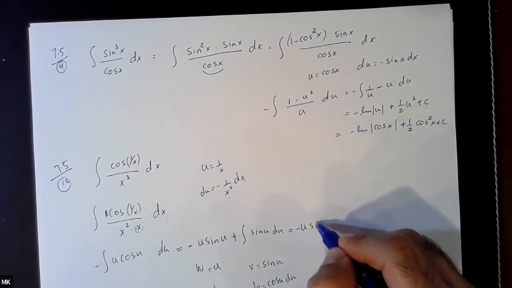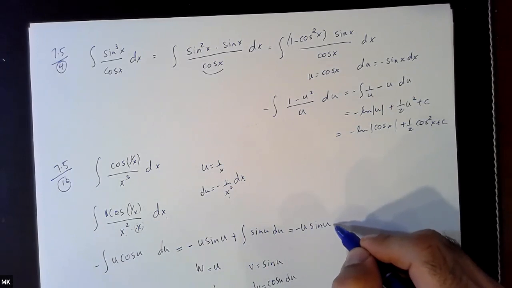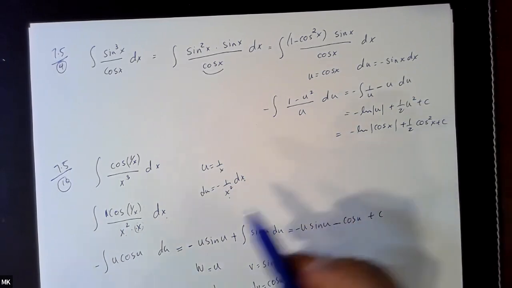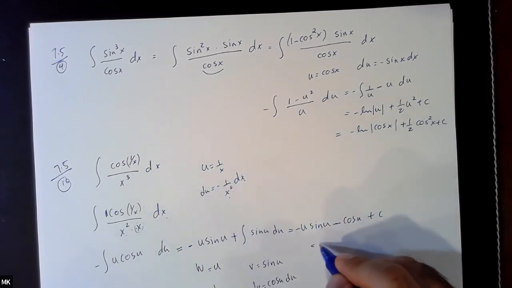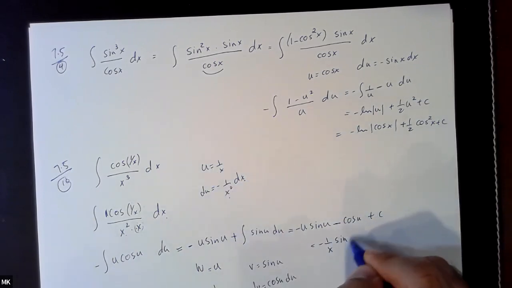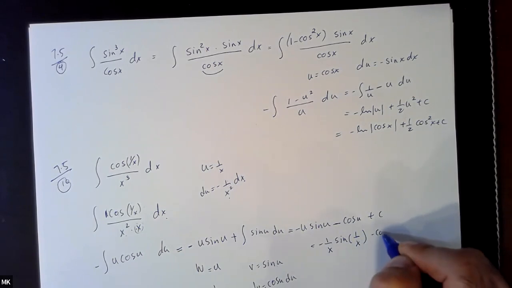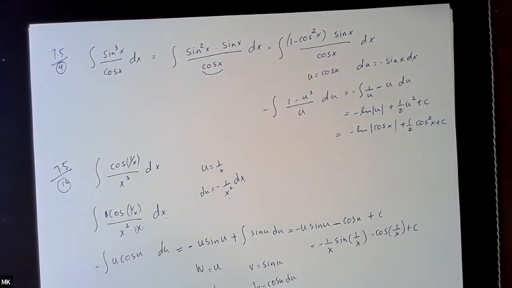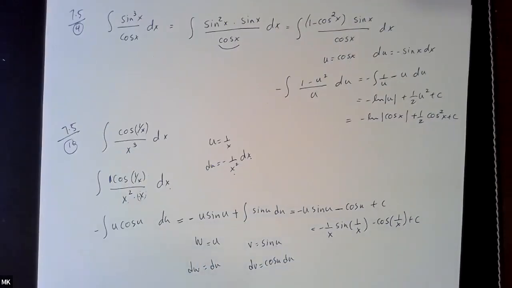So negative u sine u minus cosine u plus c. And of course, now u is 1 over x. And that's how you do the integration by parts of that.